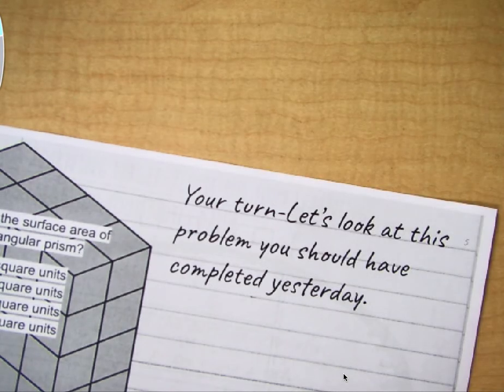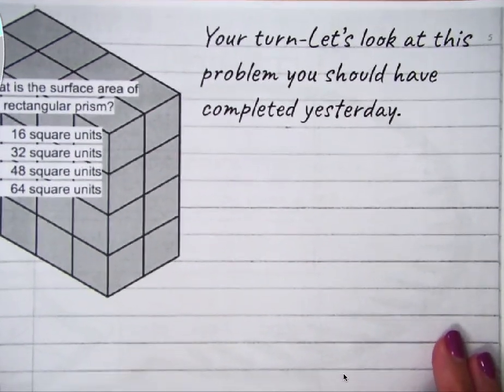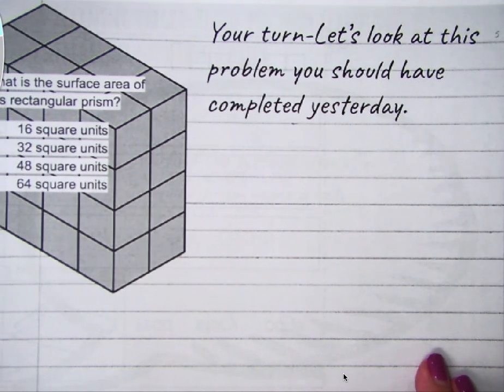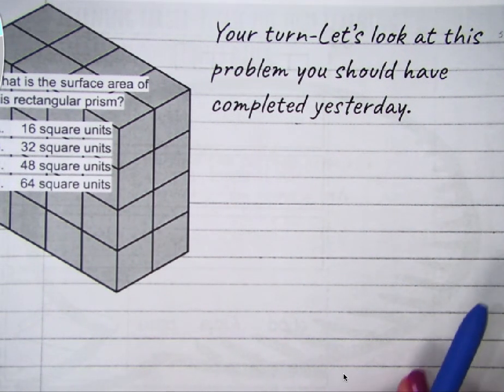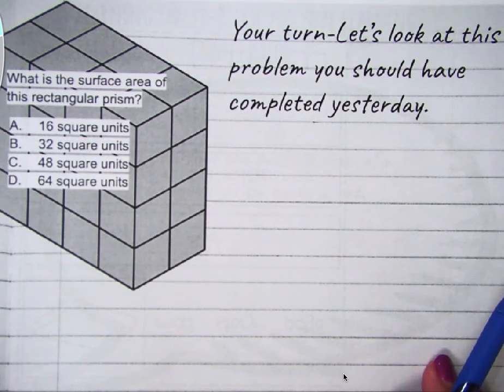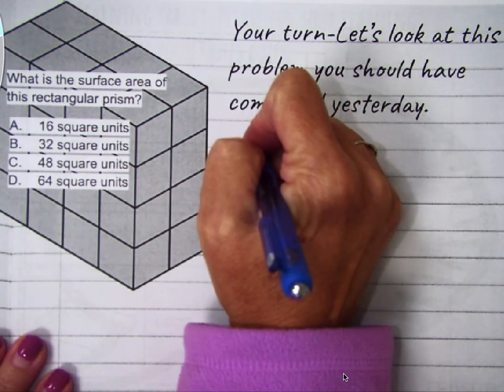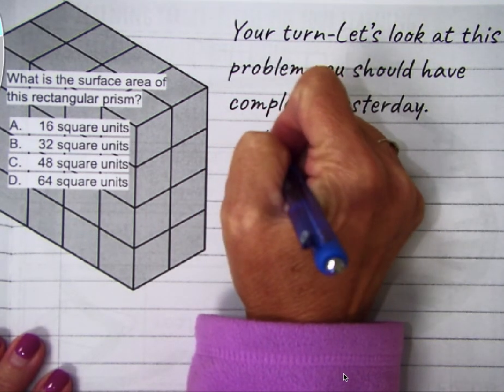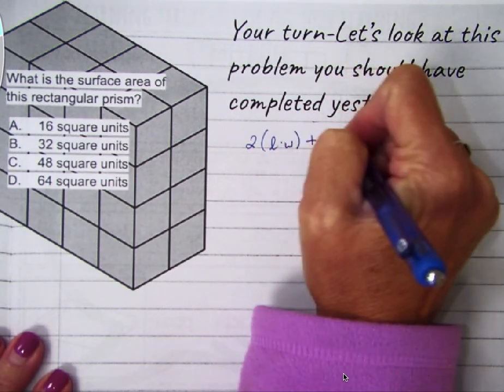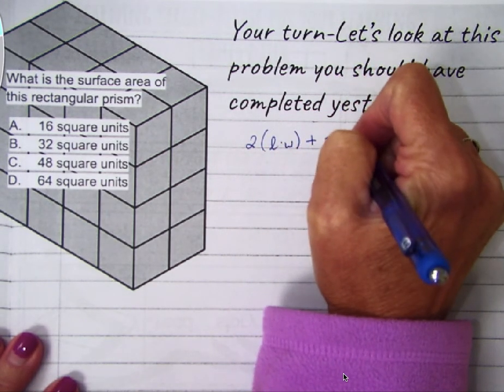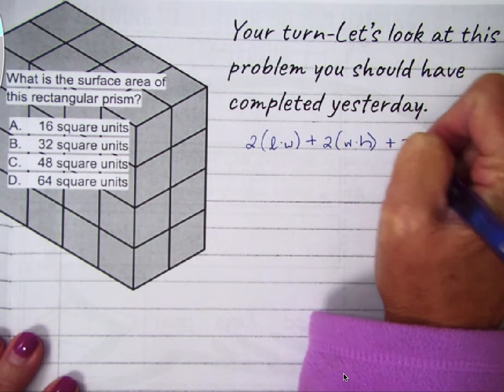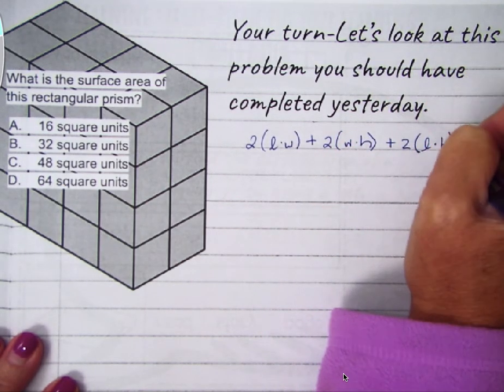All righty. So, yesterday, when you watched the video on surface area of a rectangular prism, I asked you to work out this problem, and we would look at it today. The formula is 2 times length times width plus 2 times width times height plus 2 times length times height.